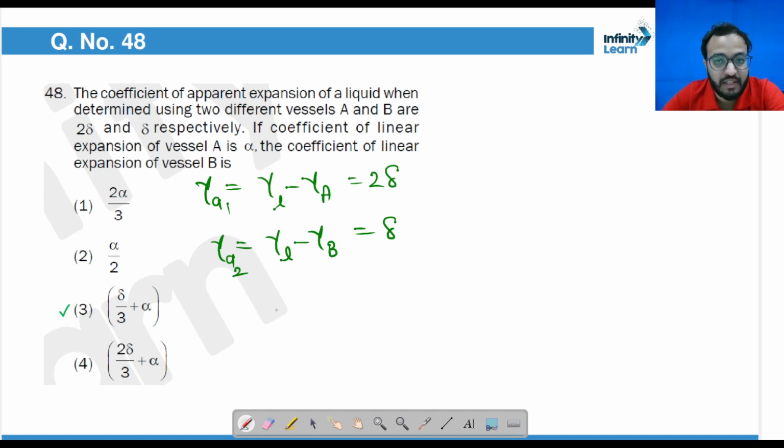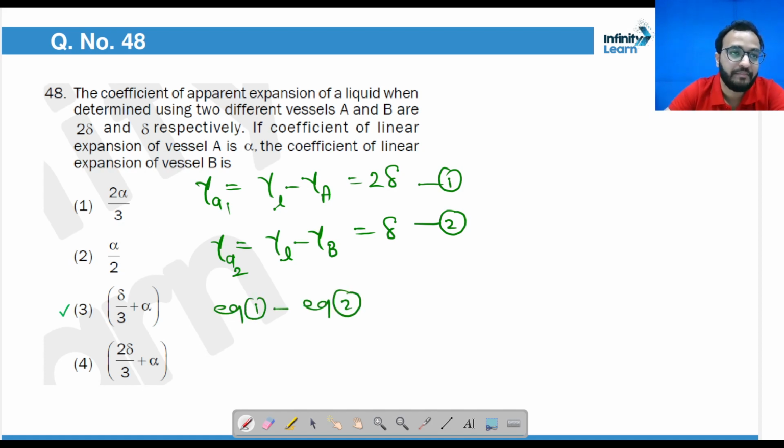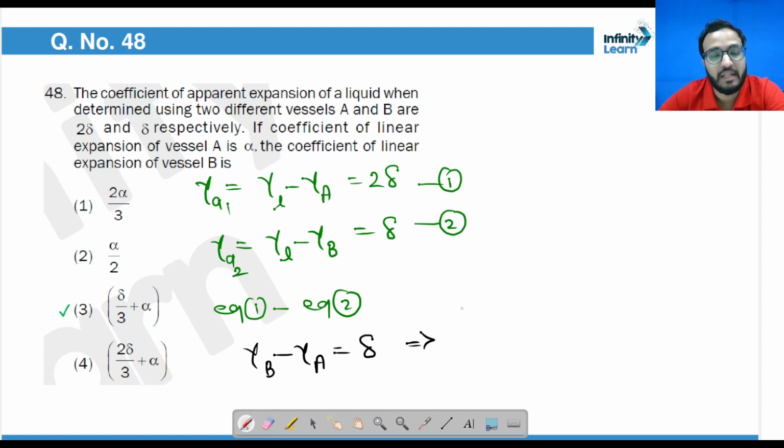On subtracting equation 2 from equation 1, gamma L will be gone, so it will be gamma B minus gamma A is equal to delta, right? Now gamma B is not given.